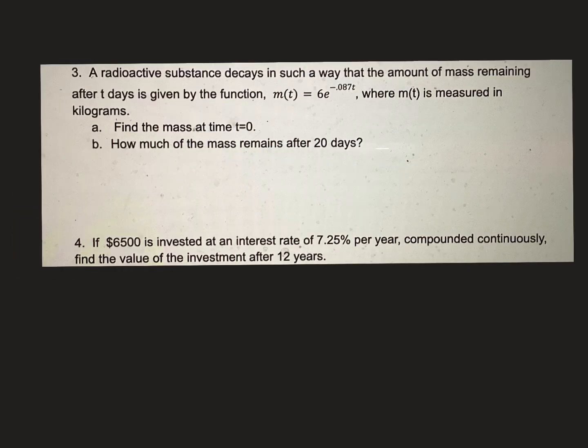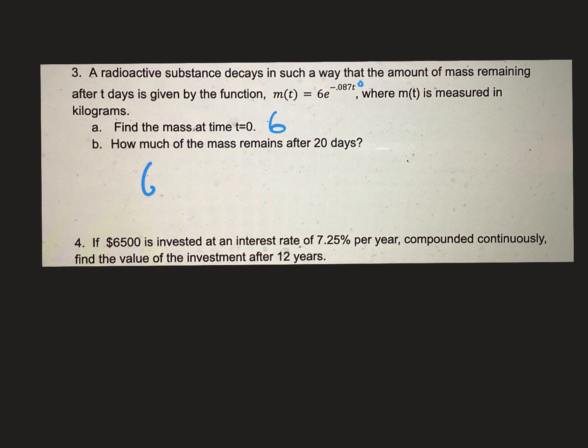All right, a radioactive substance decays in such a way that the amount of mass remaining after t days is given by this function, where m is measured in kilograms. Find the mass at time 0. So again, plugging 0 in for the exponent, e to the 0 is really 1. So the mass at time 0 is 6.